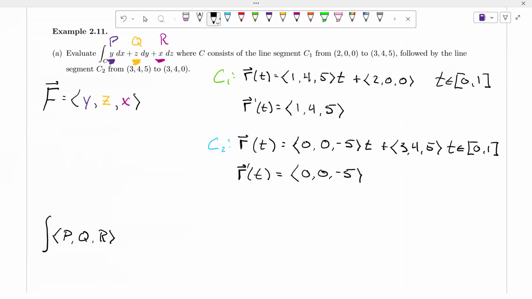The integral of PQR dot dr over C is going to be two separate integrals.